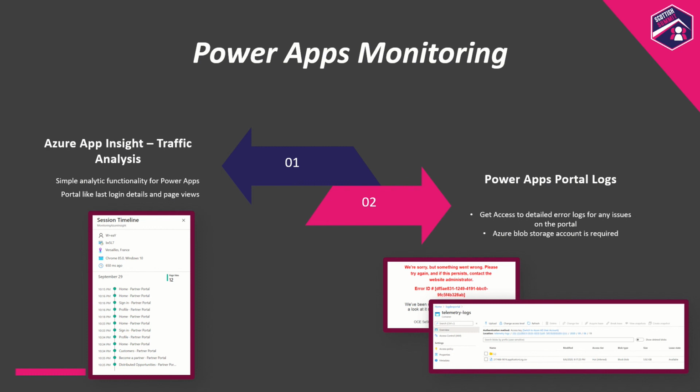So on the left side, you can see the Azure App Insights, the traffic analysis. It's a feature that you can enable in the administration center in the model-driven app, and it will allow you to see how your portal is used every day, how many people are using it, what are the most used pages, whether the users spend a lot of time on some pages and not on others.